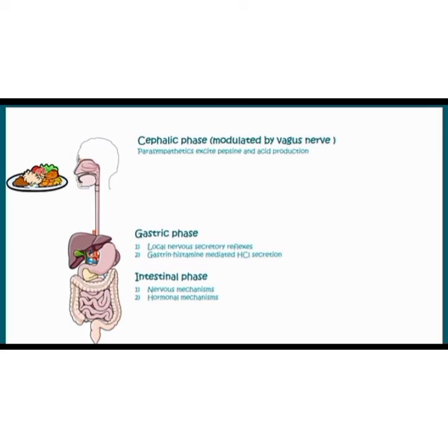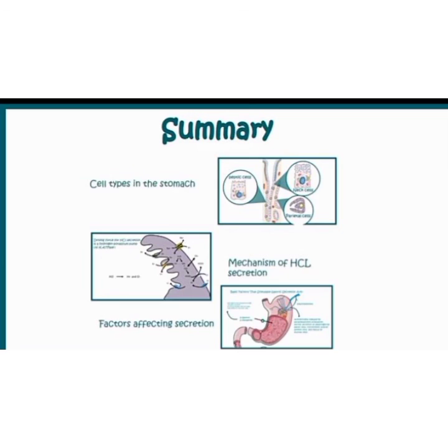When you eat that food, your local sensory reflexes and gastrin and histamine production increase HCl secretion. The third one is the intestinal phase. Through nervous and hormonal mechanisms, when the food enters the intestine, it increases gastric acid secretion like HCl.